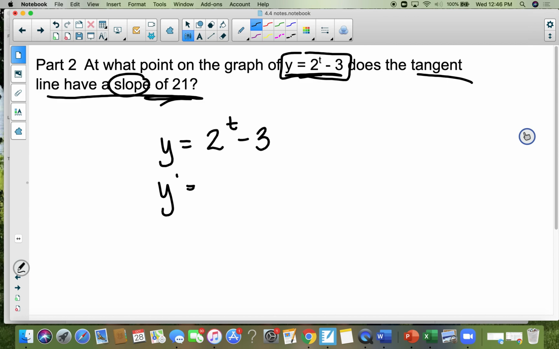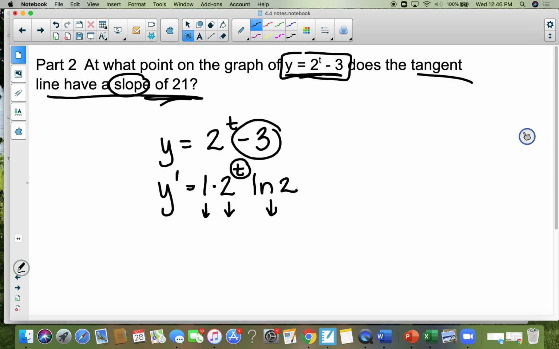Remember, if it's a number raised to a variable, you're going to just write it down. Then you're going to take the natural log of 2, and then you take the derivative of t, and the derivative of t is 1. There's 3 things that happen, and then the derivative of a negative 3 is 0. So that's the derivative.